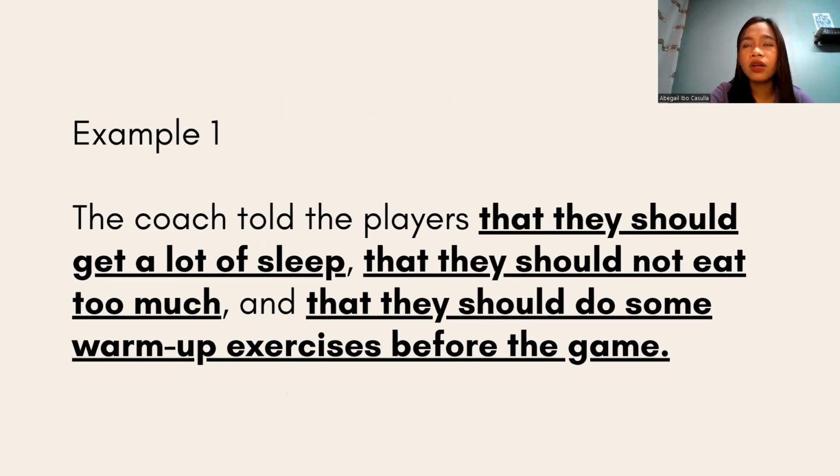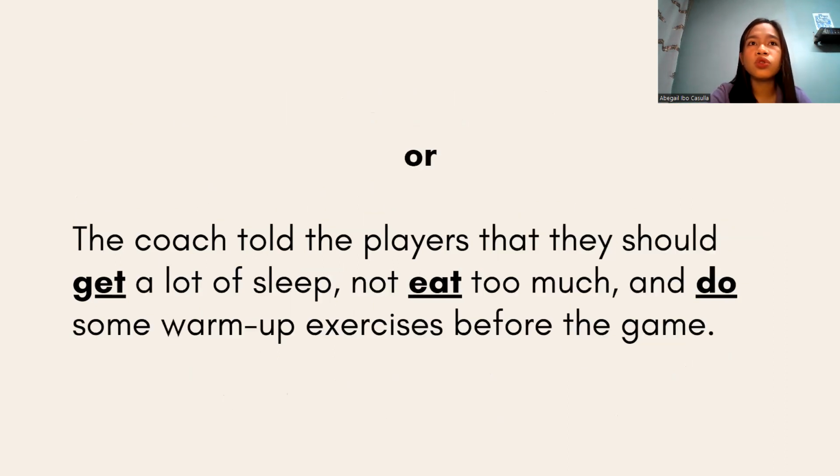The coach told the players that they should get a lot of sleep, that they should not eat too much, and that they should do some warm-up exercises before the game. Or the coach told the players that they should get a lot of sleep, not eat too much, and do some warm-up exercises before the game. We can see here that there is consistency in the clauses.